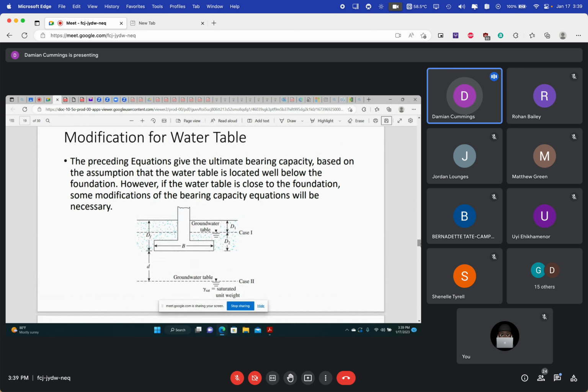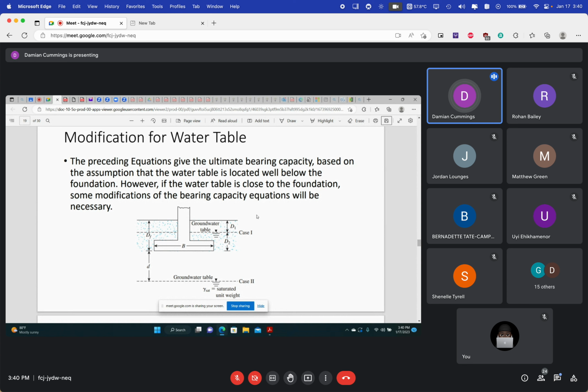Okay, so we have several cases. We have case 1, right? Our water table is actually above our foundation, right? That's case 1. We have case 2 where the water table is a distance d below our foundation.